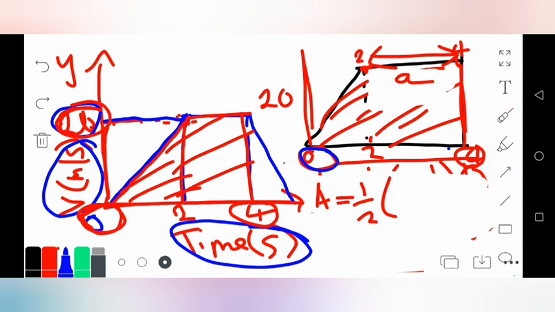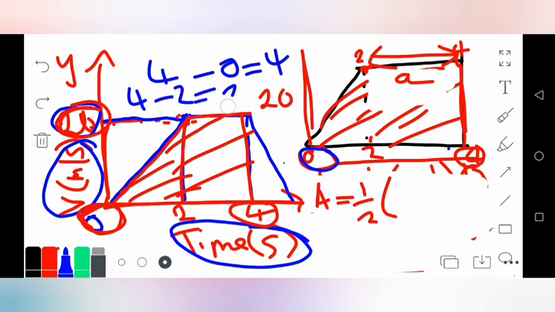So 4 minus 0, our base is just 4, and our a is 4 minus 2, which is just 2.